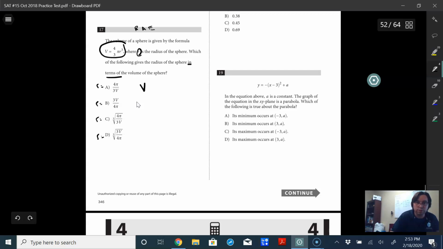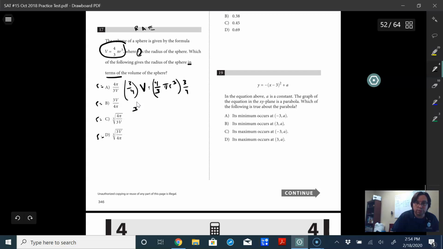V equals 4/3 pi R cubed. The first thing we want to do is multiply by the reciprocal fraction, which is 3/4.